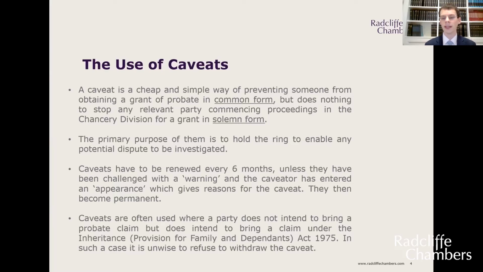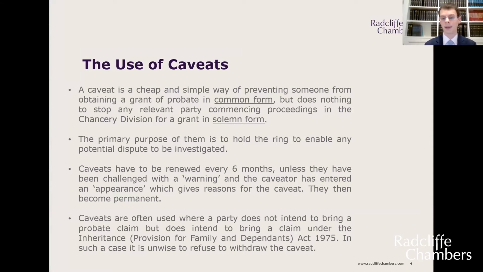It's not really what the caveat procedure is for, because a claim under the 1975 Act isn't a probate dispute, strictly speaking. And for that reason, if someone writes to your client saying, doesn't look like you're challenging the will, we want to get a grant of probate, please remove your caveat so that we can do that in common form, then it's not very sensible to refuse that request.